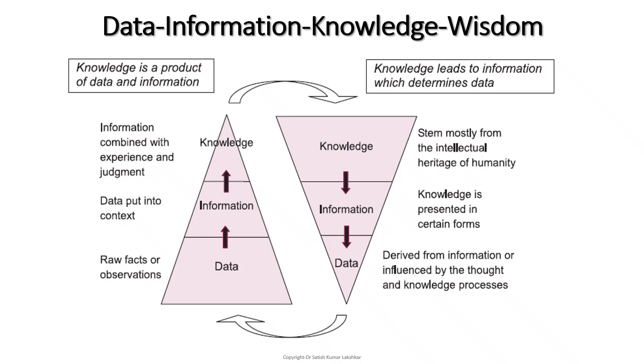When we collect the data, we try to extract something meaningful out of it. When data is put into a context or reference, it is converted into information. We get a meaningful insight from this data. That is the information.